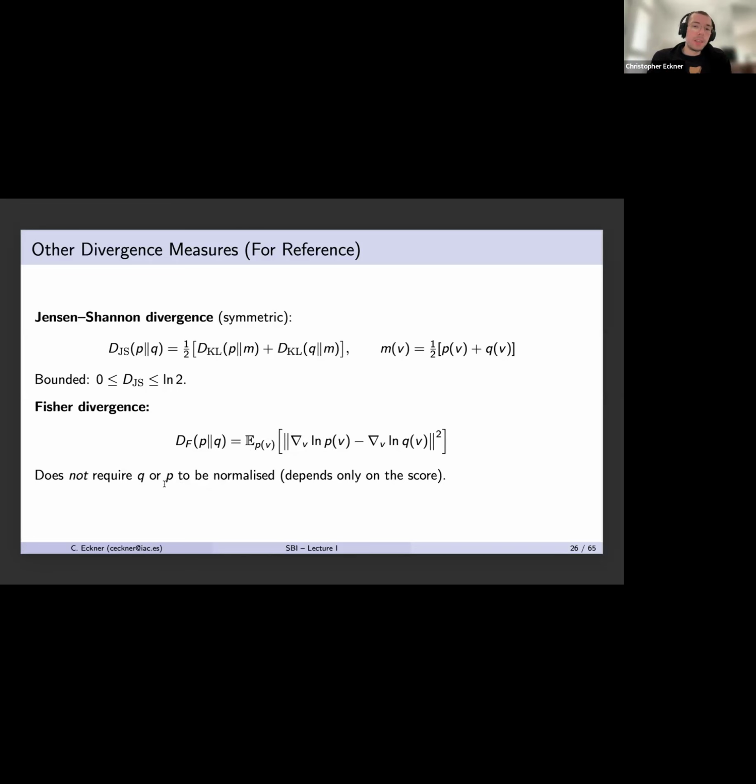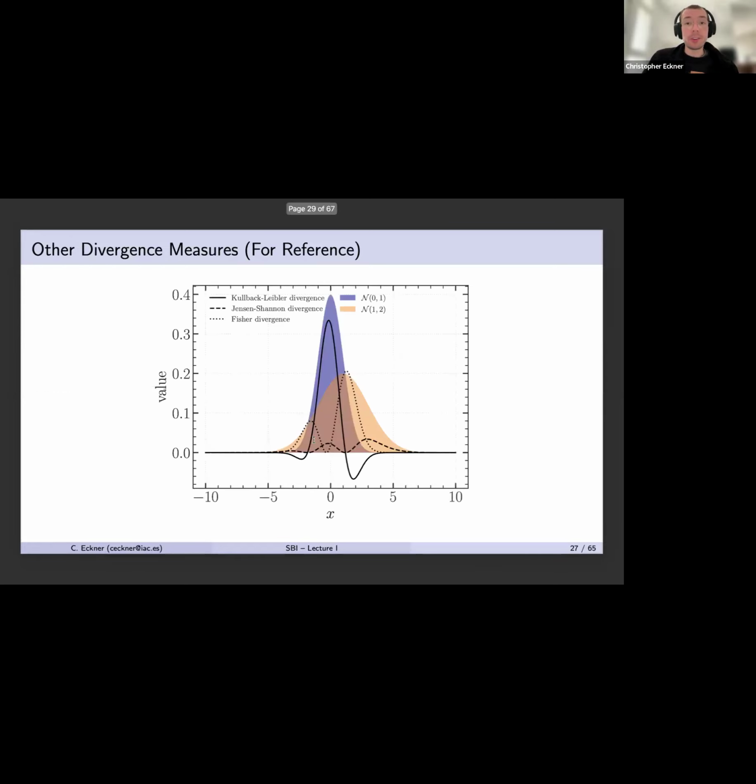And here, these distributions don't even need to be normalized because this really only depends on the score between these two approaches, these two distributions. To show you how this looks, in this example I visualize the two distributions we have.